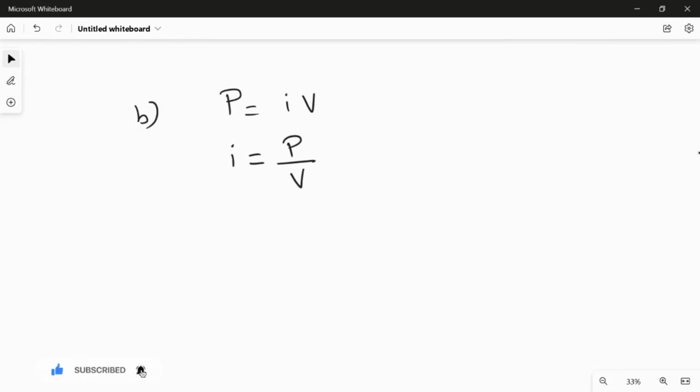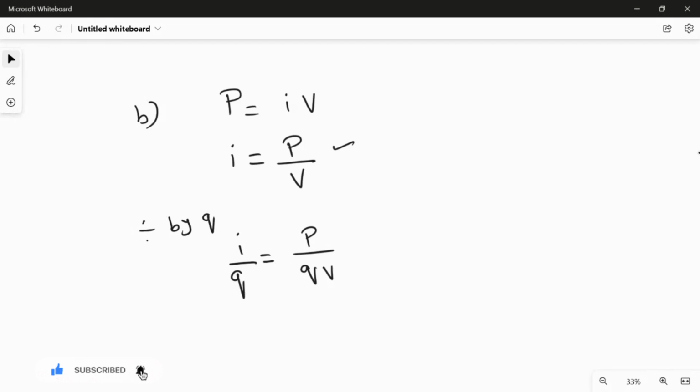And here I'm going to divide both the left-hand side and the right-hand side by the charge, so divide both sides by Q. Q here is the charge value. So by that, this equation will become I over Q, which is equal to the power over Q multiplied by V. So now we have all the values, right?